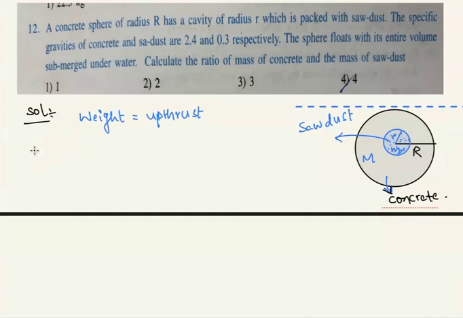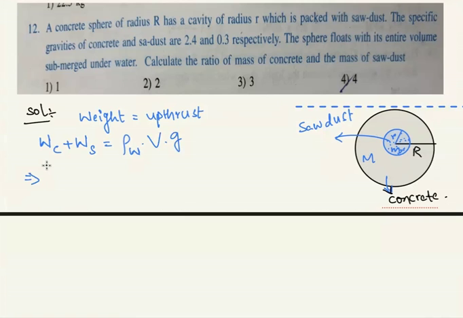Weight of concrete plus weight of sawdust is equal to upthrust, అంటే total volume, volume of concrete plus volume of sawdust, మొత్తం వాల్యూమ్ అనమాట. అంటే టోటల్గా స్పియర్ ఆఫ్ రేడియస్ క్యాపిటల్ ఆర్. కాబట్టి density of water into total volume into g.